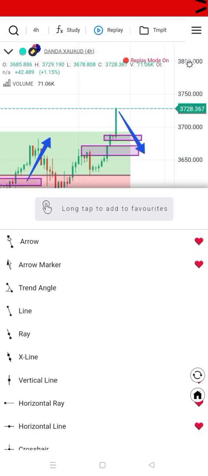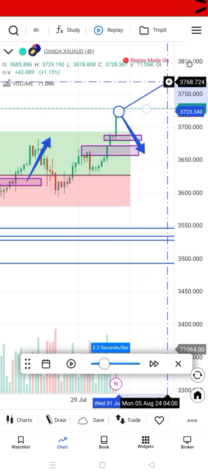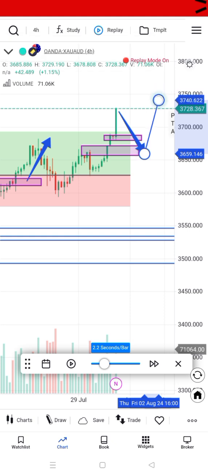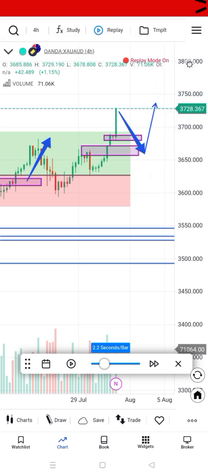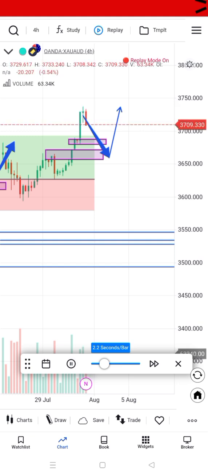I'll wait for it to come back to the second one. If I miss that trade, no problem, because I want to be sure of what I'm doing. So let me show you using these arrows. I wait for that market to touch that zone, and then I can consider entering the market.